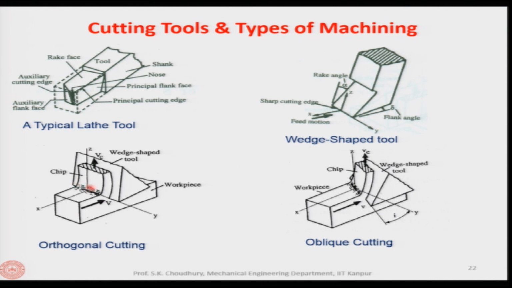So the angle between the tool edge and the cutting velocity vector is strictly 90 degrees, and if the tool is inclined with respect to the cutting velocity vector, as shown here, then it will be oblique cutting. Therefore, in orthogonal cutting, since the velocity vector makes an angle of 90 degrees with the cutting edge, the chip will flow strictly perpendicular to the cutting velocity vector, in the z axis for example, as shown here.